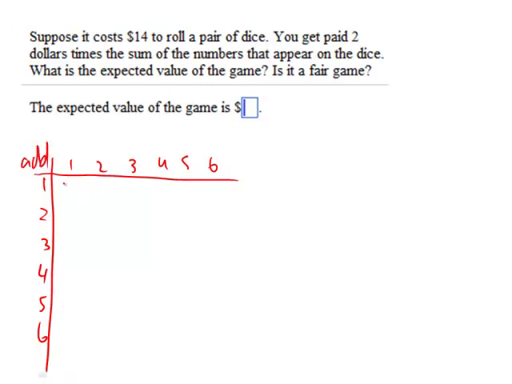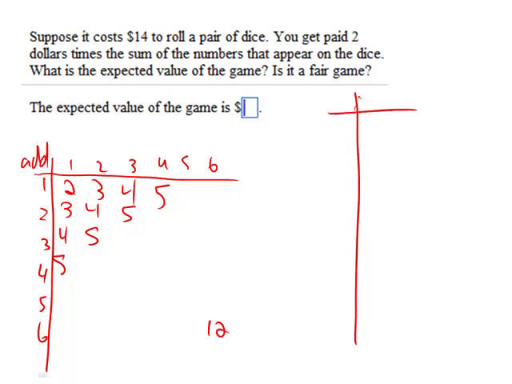So the sum could be a 2. The sum could be a 3. The sum could be a 4. The sum could be a 5. All the way to the sum being 12. That's what makes the problem long, because when you go to find expected value, you have to start out with the net outcome.